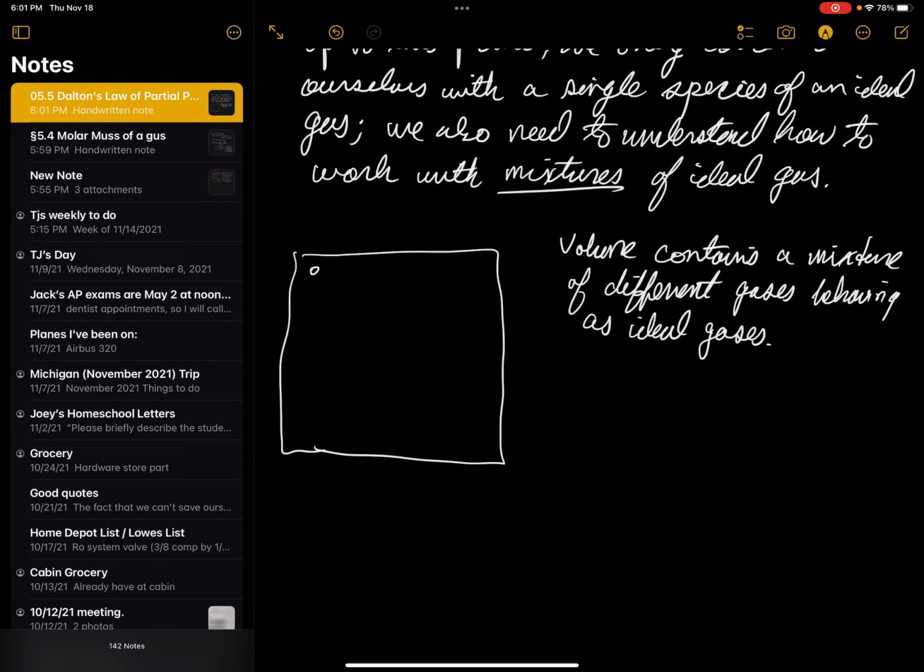So perhaps we have the species circle in this volume. Perhaps we have the species triangle, right? We don't actually have triangle species or circle species. I'm using circles and triangles to represent different species or different types of gases that are in a mixture. And we might also have species dot as a gas in this mixture. Okay? So this particular gas has 3 different species in it: circular gases, triangular gases, and dot gases.